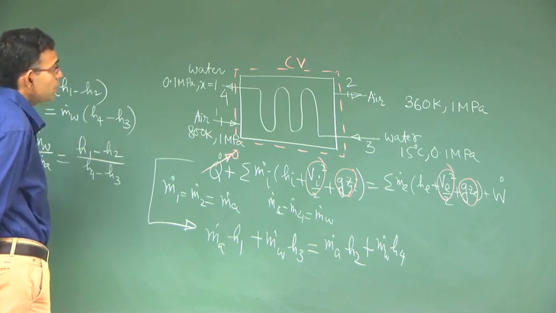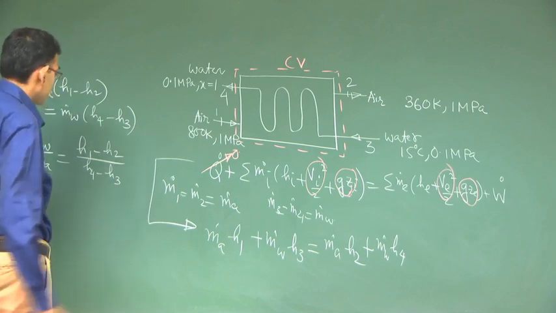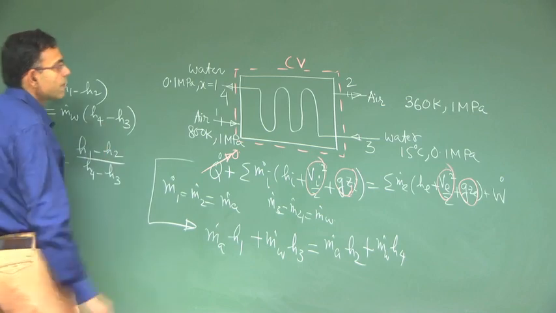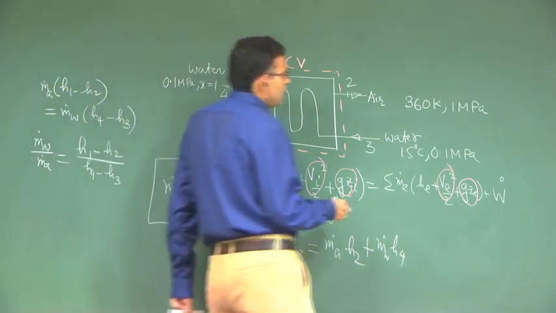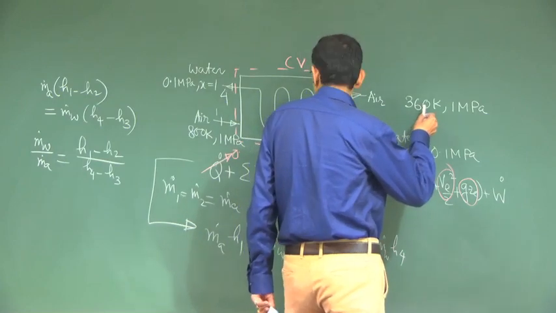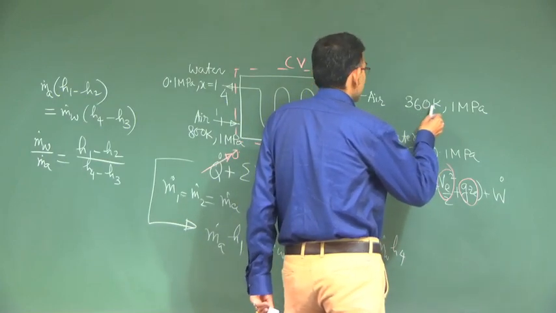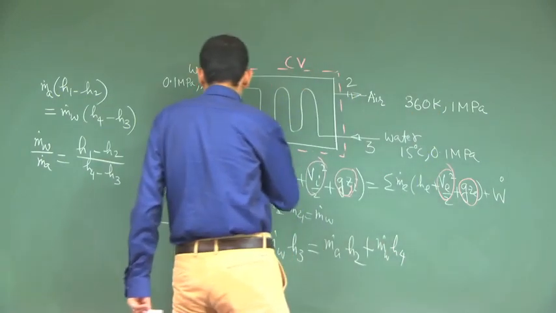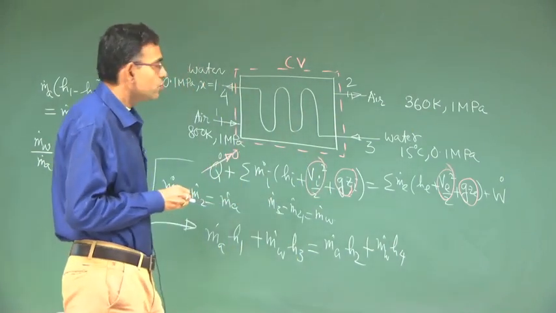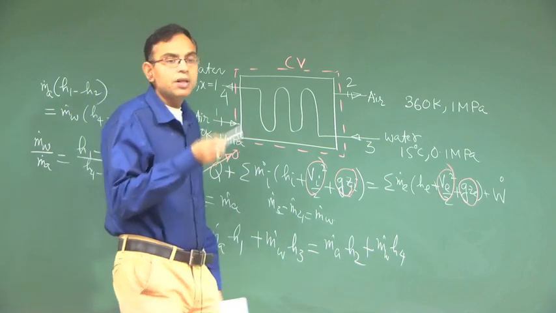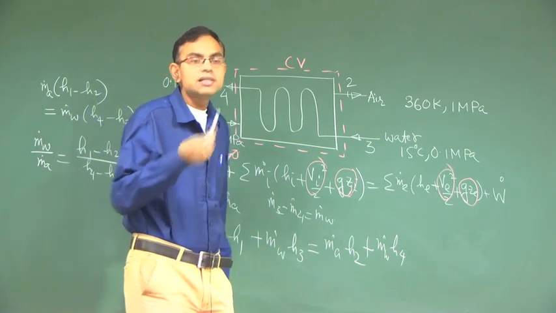Now H1 minus H2. See, these are air with a widely varying range of temperature. So, it is better to use the air table instead of considering constant CP, CV.